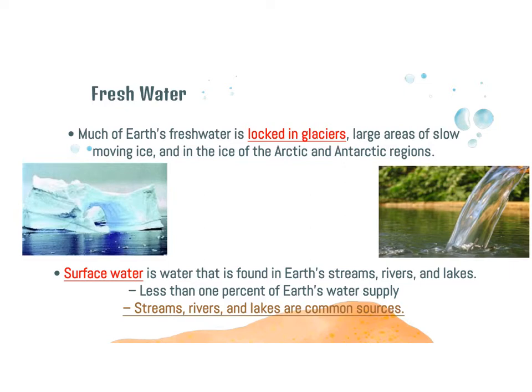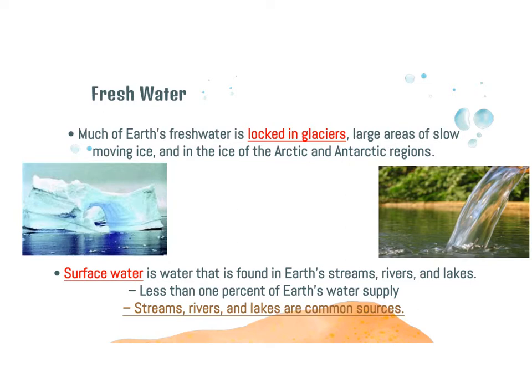However, most of the fresh water that we use every day is found in lakes, rivers, and under the Earth's surface. So, one form of fresh water is the surface water. Surface water is water that is found in the Earth's streams, rivers, and lakes.